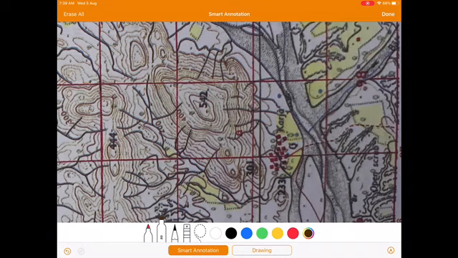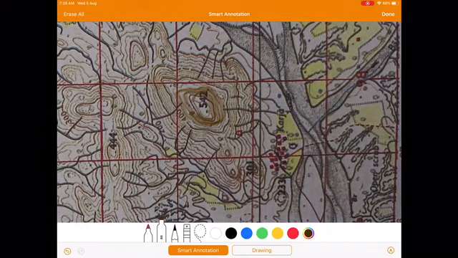So, children, you can see here, these are the contour lines, and these contour lines are close to one another, right. So, this gives us indication that the slope in this area is a steep slope.